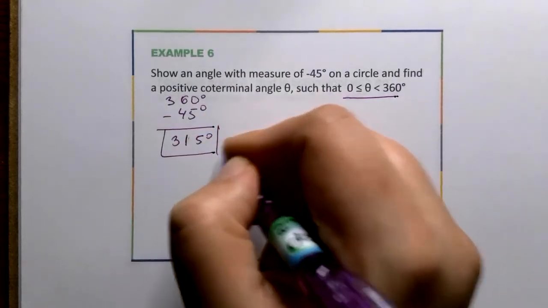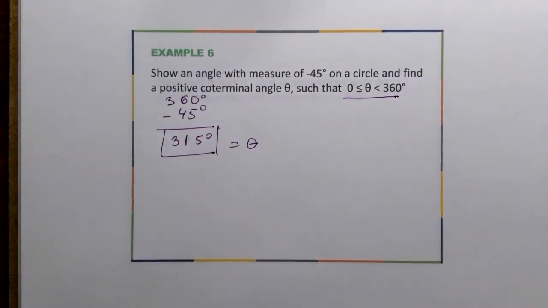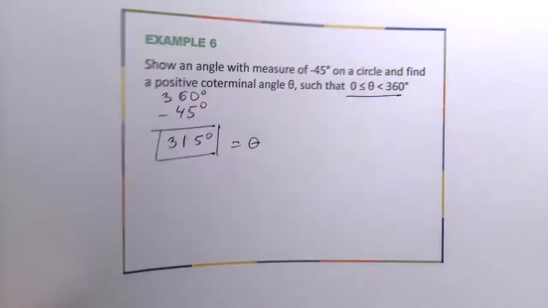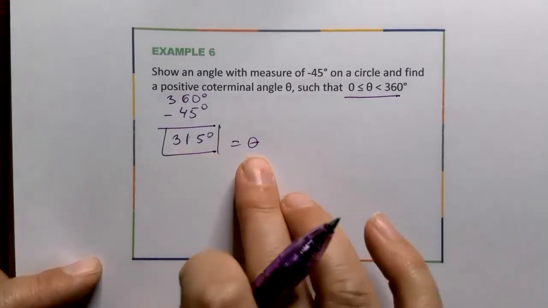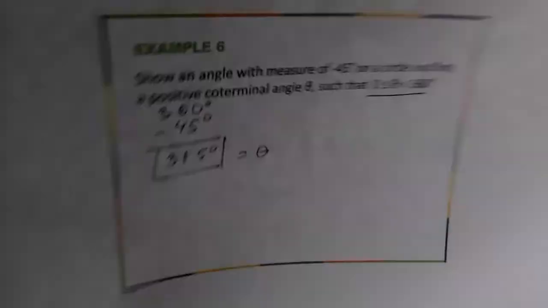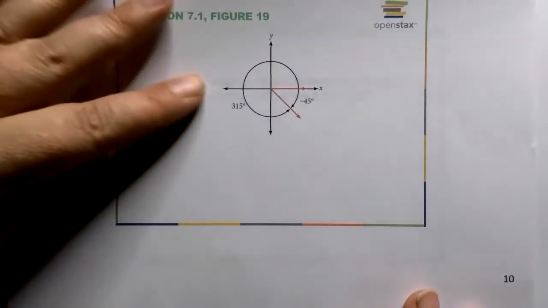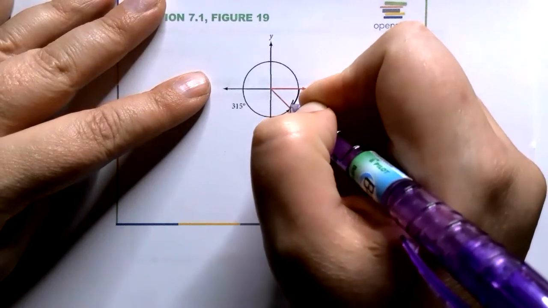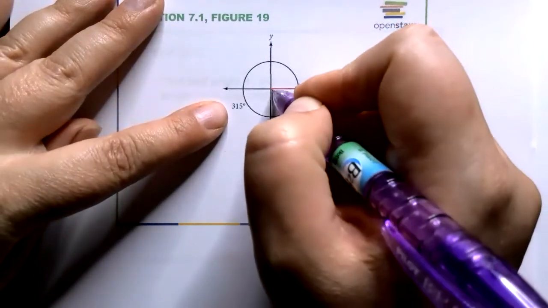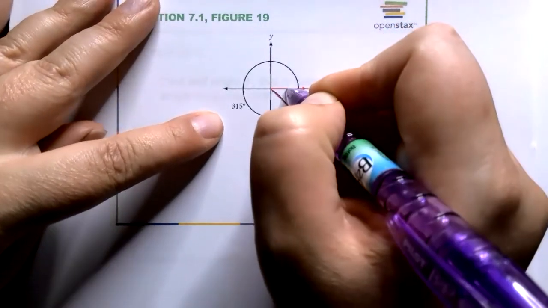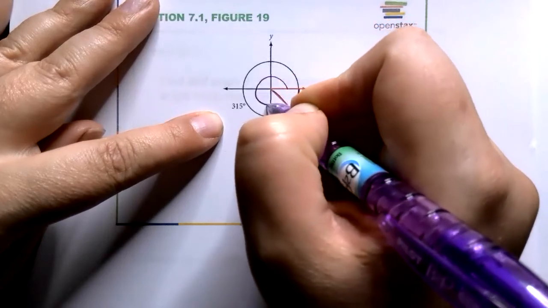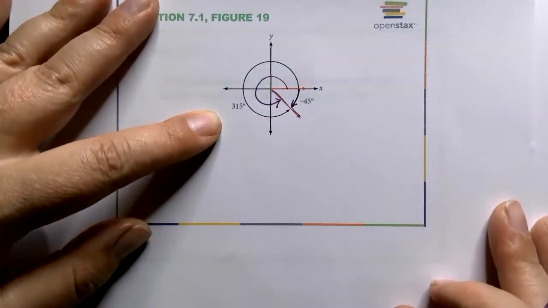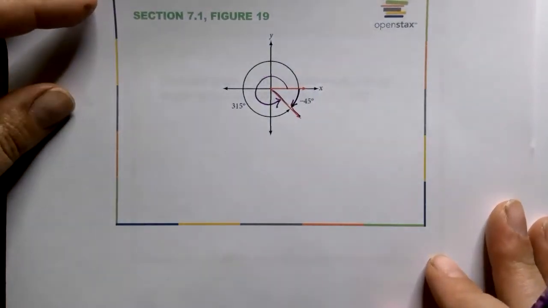We found our theta. And this theta is coterminal with negative 45. Here's a picture of it. That's the illustration. If you go 45 degrees clockwise, here's the terminal side, but if you go 315 degrees counterclockwise, you will end up in the same position, the same terminal side.